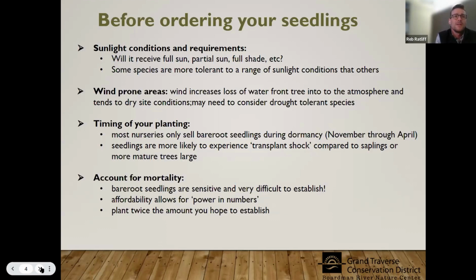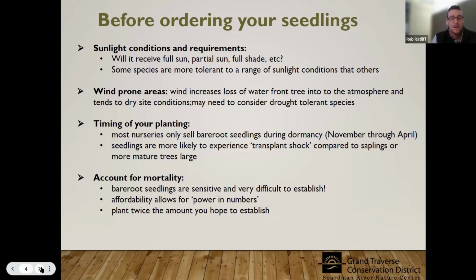And then again, the bare root seedlings, like I mentioned, are sensitive, so you can't really go wrong with power in numbers. I always say plant at least twice the amount that you hope to establish in the end. They are relatively affordable compared to purchasing larger potted or balled and burlapped trees.